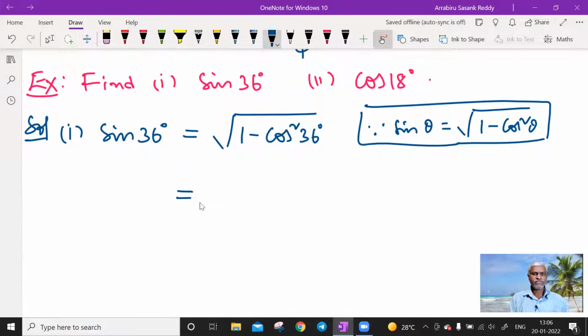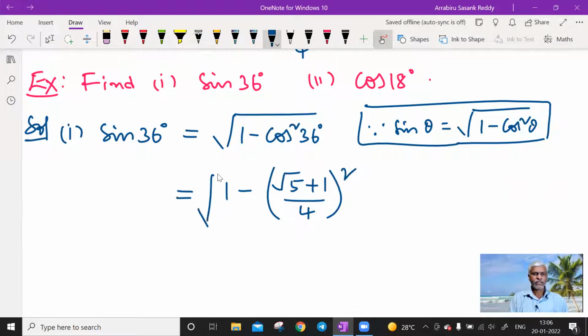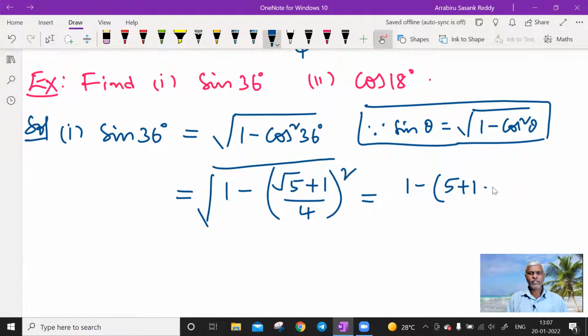Substituting this value, 1 minus cos 36, that is 1 minus ((root 5 plus 1) by 4) square, under root. So this is 1 minus (a plus b) whole square, a square plus b square plus 2ab, by 4 square is 16.